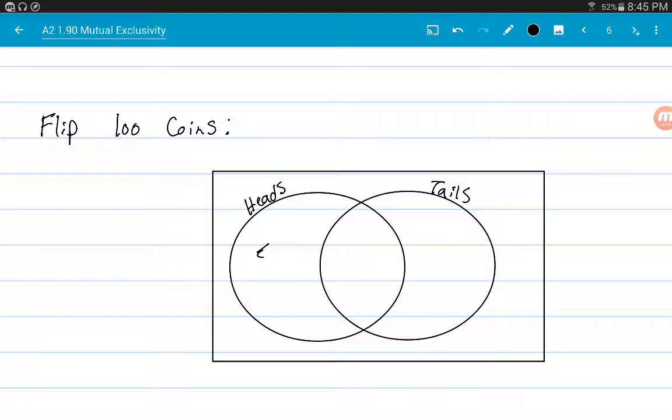Let's say I got 56 heads. Clean that up. And I got 44 tails. Are there any results that are both heads and tails? Is there any way that I could have one coin land on both heads and tails? It's actually impossible. So the inside has to be 0. These are mutually exclusive.